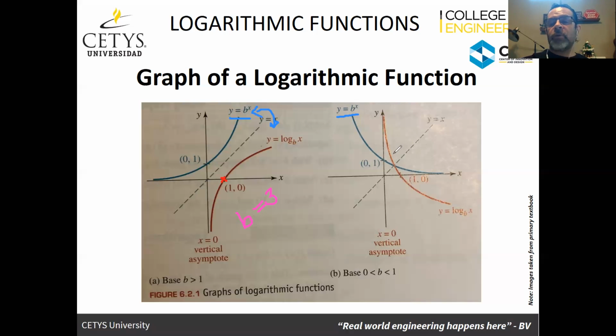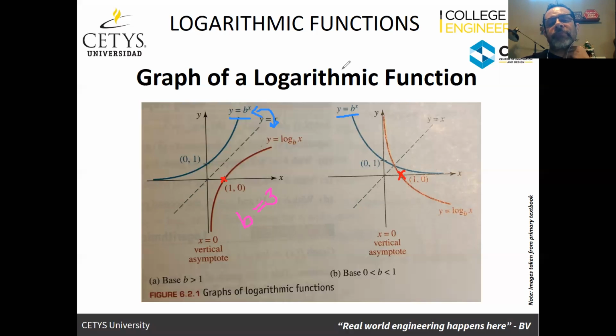For the logarithm, we're also going to see a reflection, and it's going to start off at a very large number, then it's going to decay. It's also going to cross here at x equals 1. The same as with the original exponential, where the x-axis was a horizontal asymptote, now we're going to have a vertical asymptote, and it's going to start decaying slower once it goes down, and it decreases.